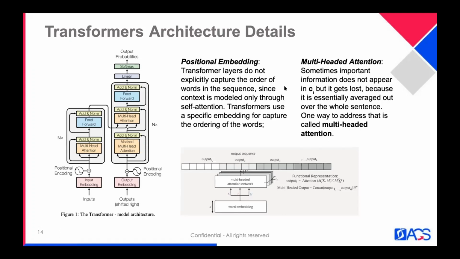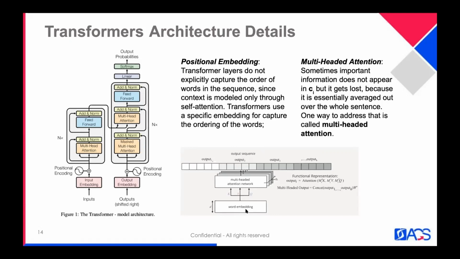Another property of the transformer is the multi-headed attention. Sometimes the context vector doesn't contain important information. It loses some information, and essentially this is because we average out over the whole sentence.